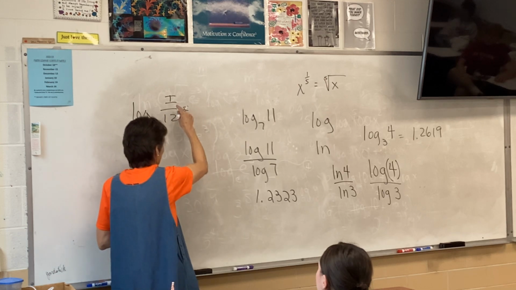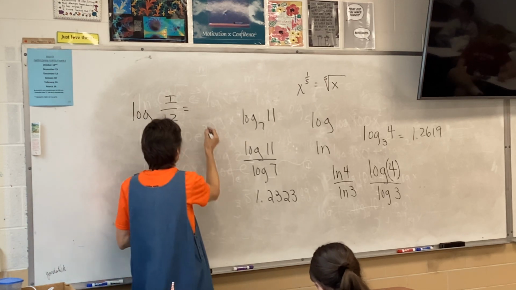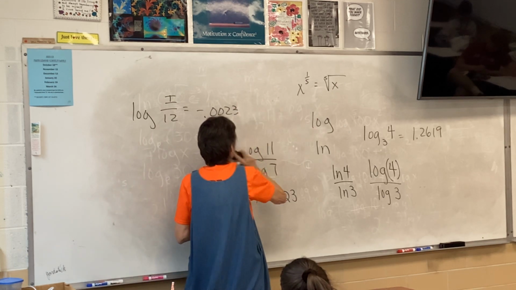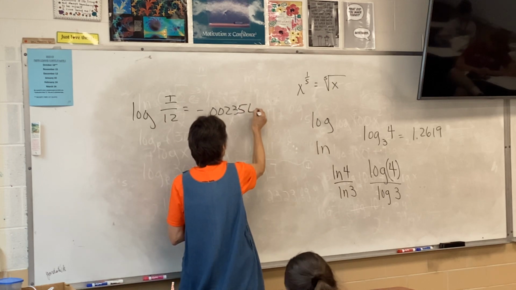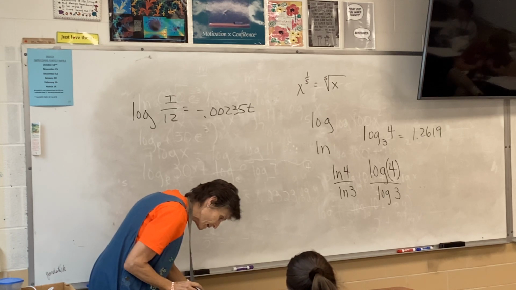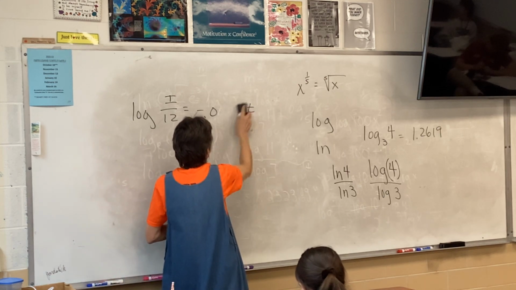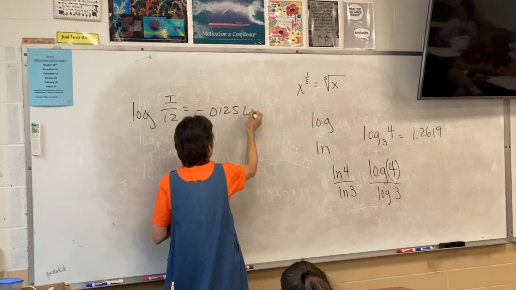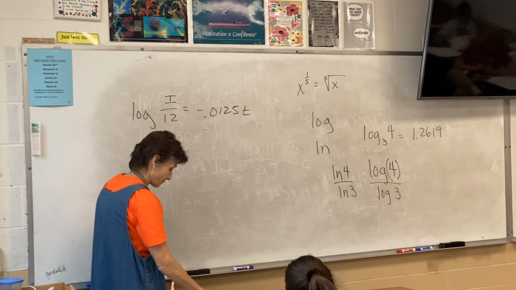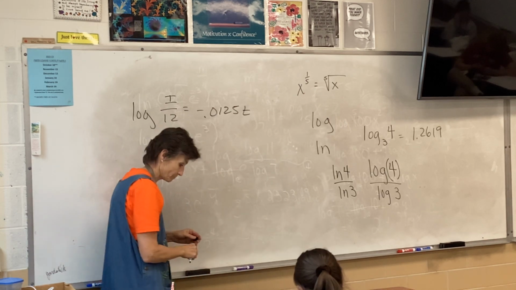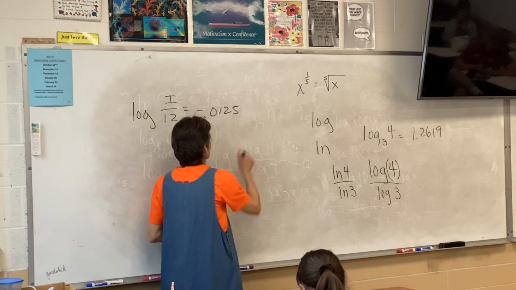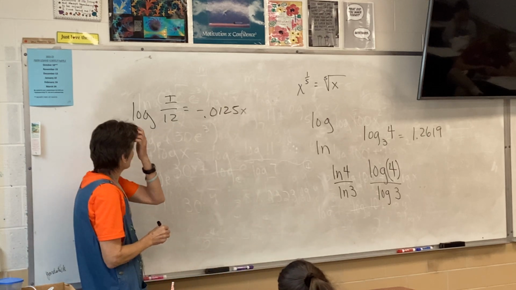That's a capital I, equals negative 0.0125 T. Go ahead and change that T to an X so that it looks more normal to us.